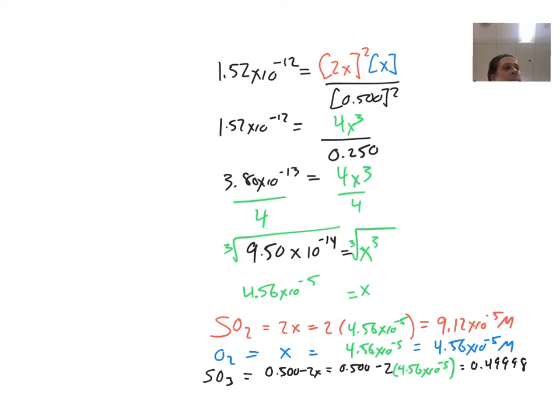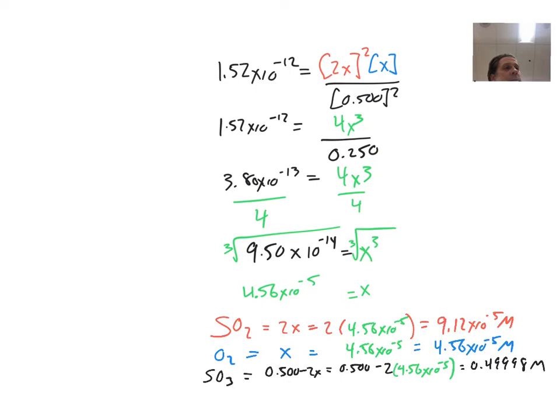So the issue is that it appears that hardly any reactant was used up. So we have to go back and check to make sure that this satisfies the 5% rule. And the 5% rule says that if x produces product that is less than 5%, then you don't have to use the quadratic equation.